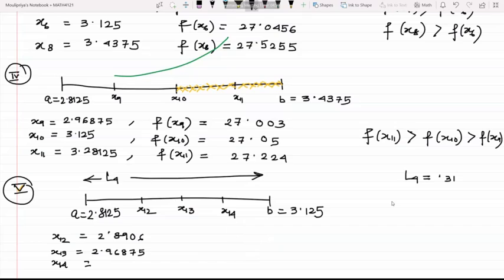And x14? 3.046875. So we would be calculating f of x12, f of x13, f of x14.